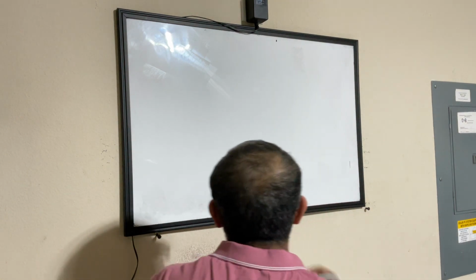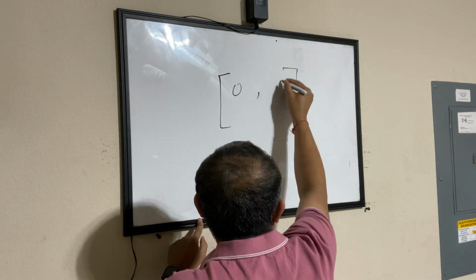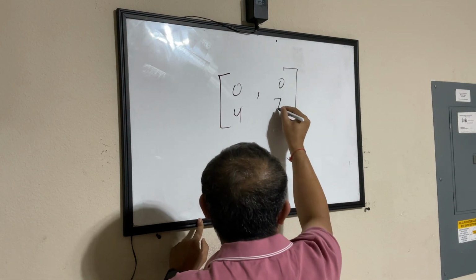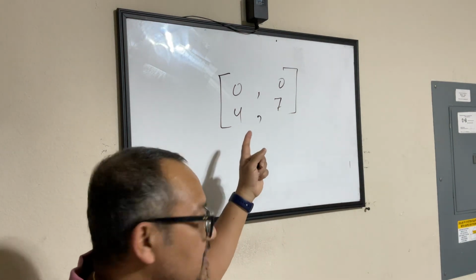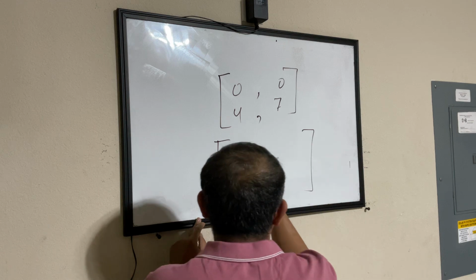So we had started learning unit 7, which is about matrices. When we talk about matrices, it's nothing but an array of information that is written in this form. It's like a two-dimensional form.